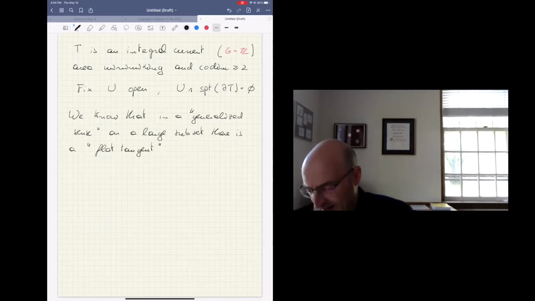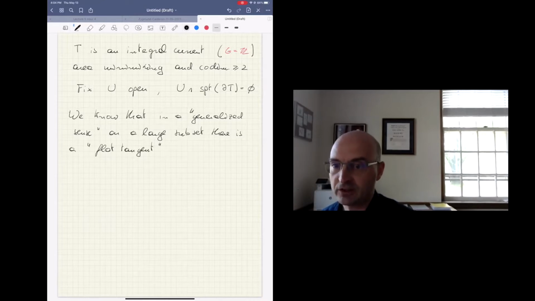And by this flat tangent, I mean that in some weak sense, at a sufficiently small scale, your current is sufficiently close to being a multiple copy of a plane. The only problem is that there is this multiple in front of the copy of the plane.